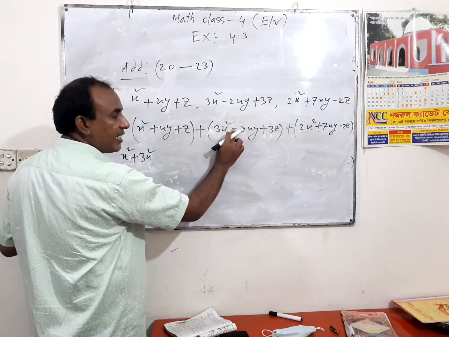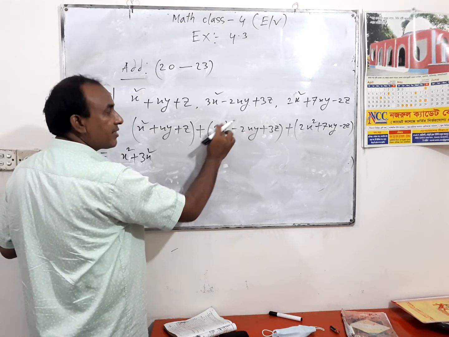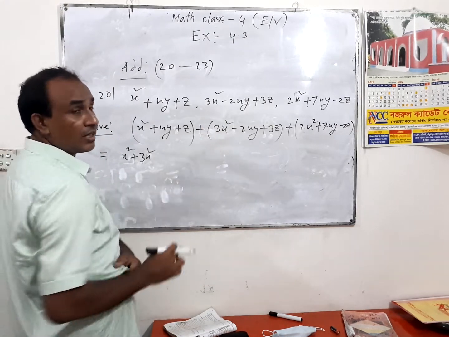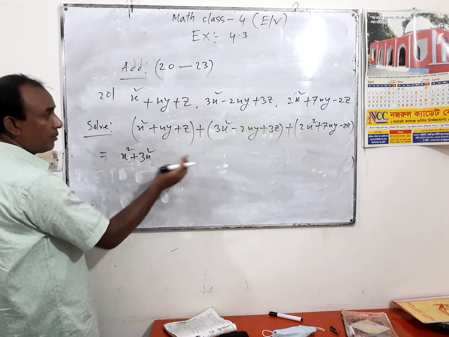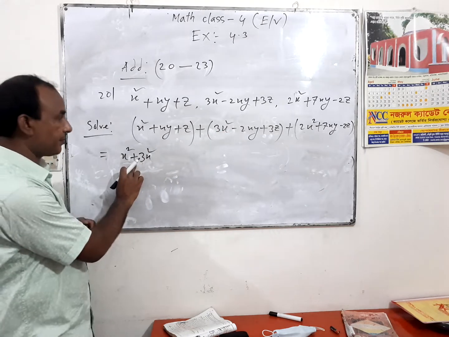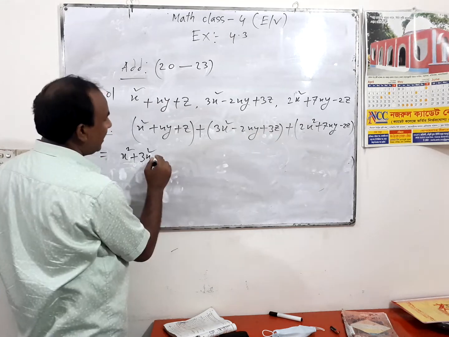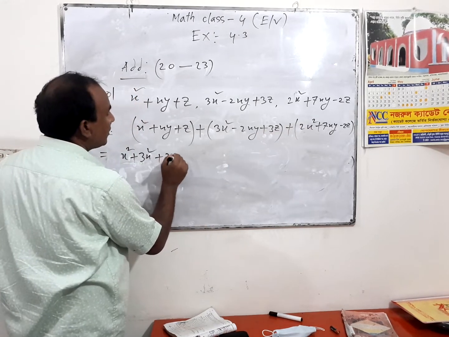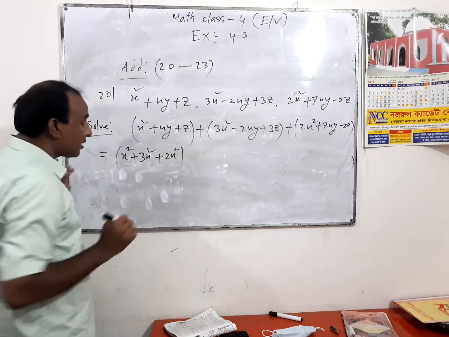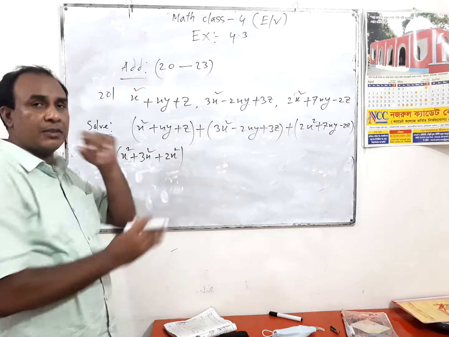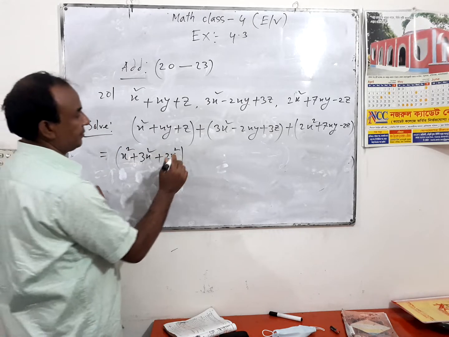Twice xy, sign is minus. 3x square, sign is plus. Inside the bracket we should not write it, but whenever it goes out from there, we put the plus sign. Okay? And this plus 2x square.